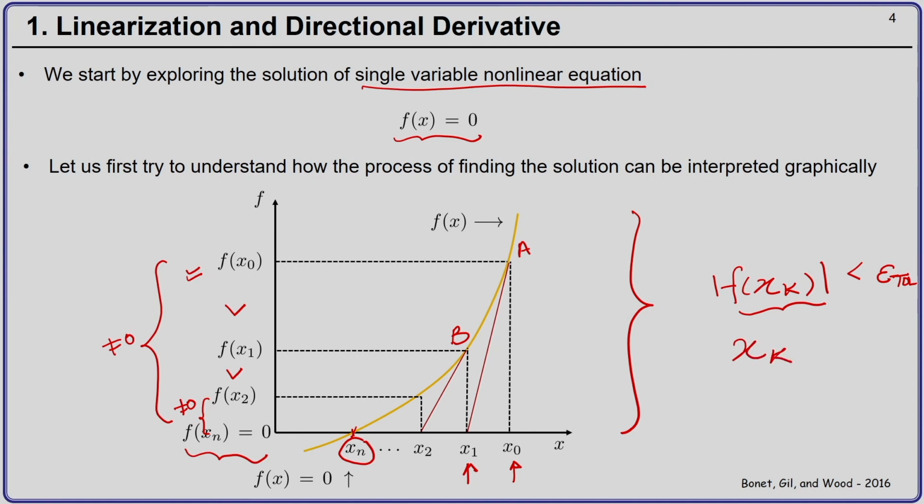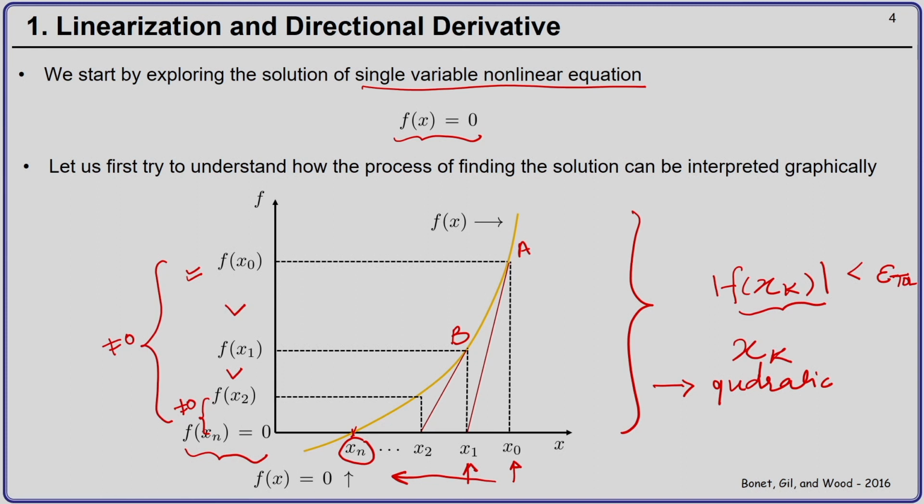Now, the important point to note about the Newton-Raphson procedure is that as you go nearer and nearer to the root, that is, as you approach the solution, the rate at which convergence is achieved is quadratic. If you are far away from the root, say x 0 was far away from the solution that we were seeking, then initially the convergence will not be quadratic, but it might be what is called linear.